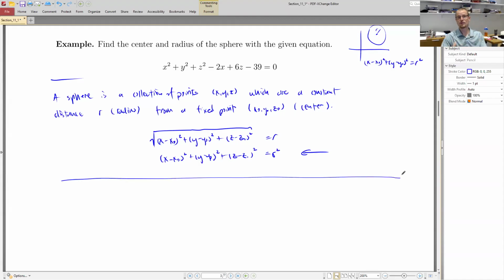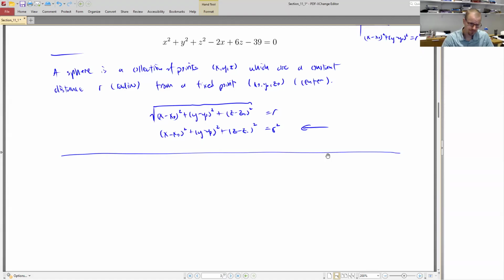All right, so now we have the equation of a sphere, and what we want to do is compare the given equation to this equation so we can identify the center, x naught, y naught, z naught, and the radius r.